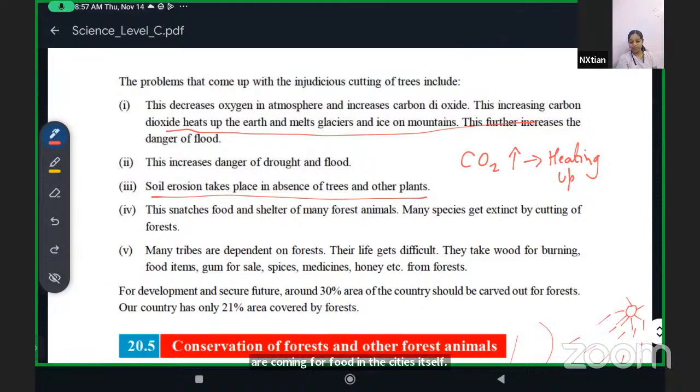Now, also, many species go extinct by the cutting of forests. There are species which cannot survive without a proper forest environment. There are species which will only be able to survive in that environment. They are adapted to the forest environment.